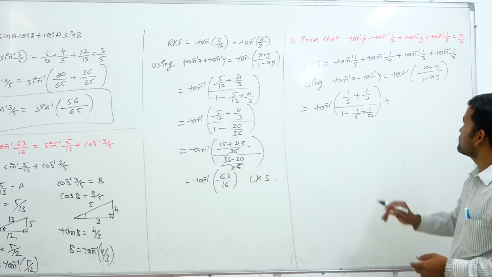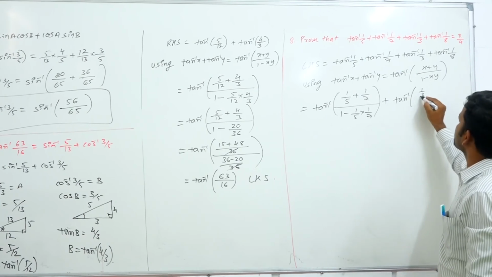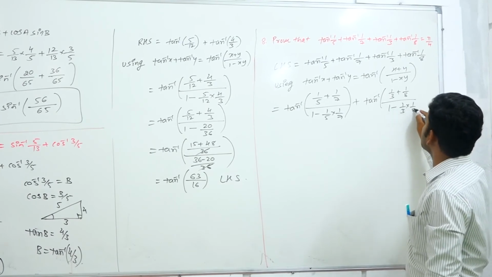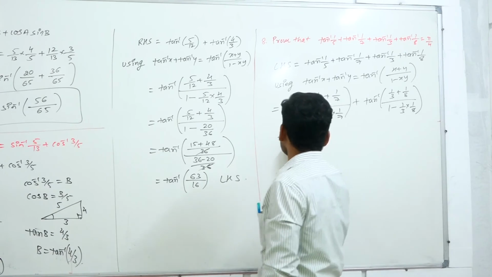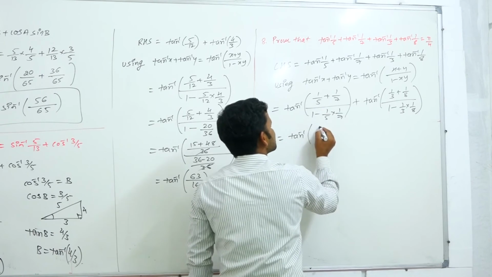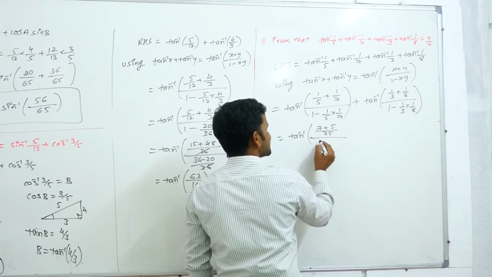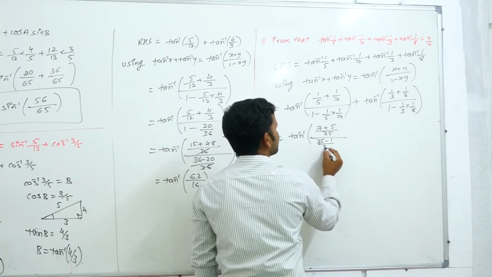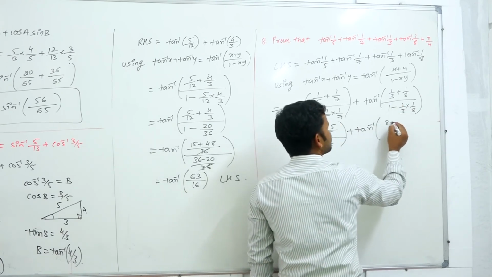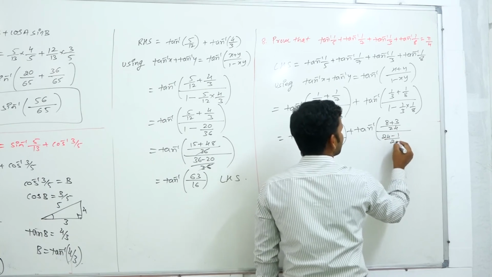Now applying the same formula between the third term and the fourth term. That is tan inverse of 1 by 3 plus 1 by 8 divided by 1 minus of 1 by 3 into 1 by 8. We have tan inverse of, cross multiplying, 7 plus 5 divided by 35 whole divided by 35 minus 1 by 35, plus tan inverse of 8 plus 3 divided by 24 whole divided by 24 minus 1 by 24.